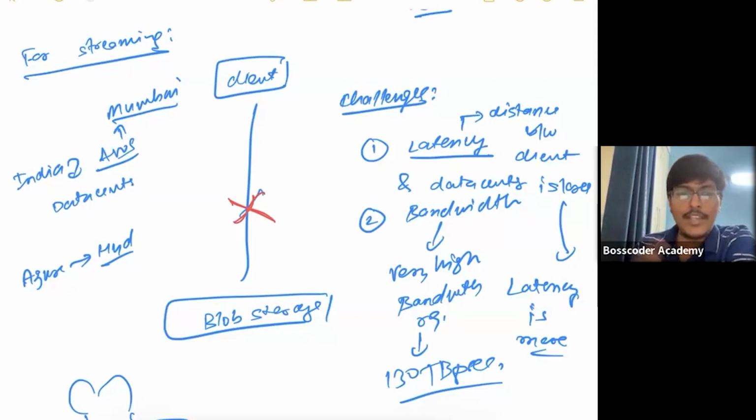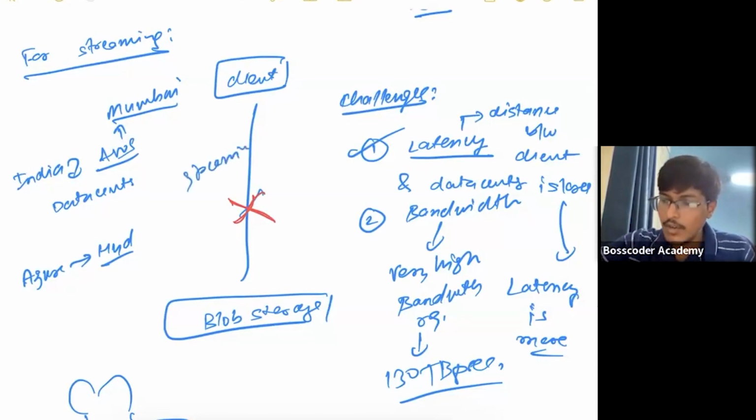So what we essentially discussed is that since the distance between the client and the blob storage is very, very high, latency will be high. That is the first reason why directly streaming video from the blob storage is not going to work.